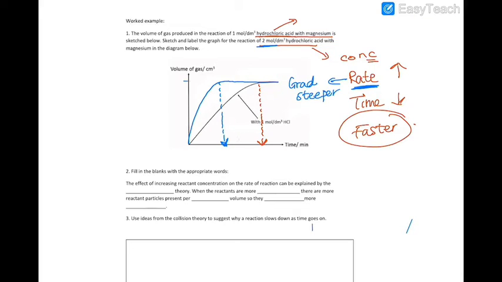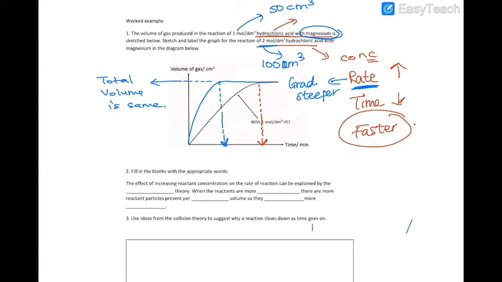The total volume of gas stays the same. Why does it stay the same? Because normally if you have the same amount of magnesium, it will stay the same. If you use more acid, let's say in the first reaction, you use 50 centimeter cube of acid, and in the second one, you use 100 centimeter cube of acid, then you will have more product.